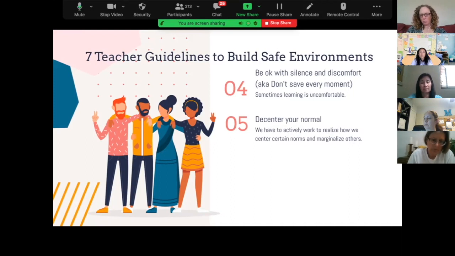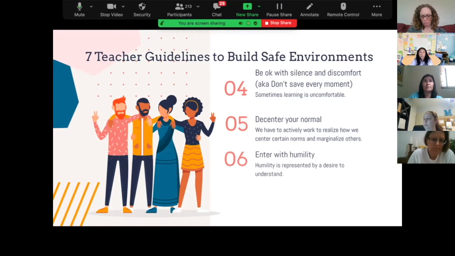That's not what I consider to be normal. And if we want to do this work with students where we are helping them to explore and identify their identity, we as teachers have to decenter our definition of normal.